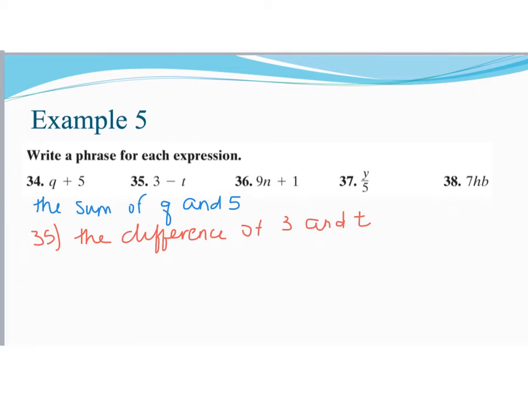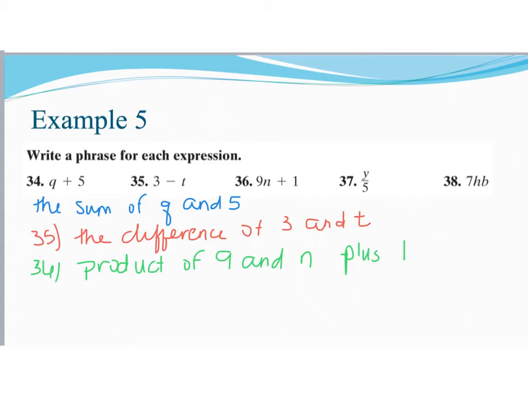Number 36 says 9n plus 1. So I could write this as the product of 9 and n, and then we could say plus 1. Okay, or again, there's different ways that you could write this.